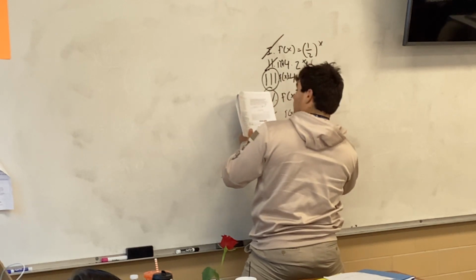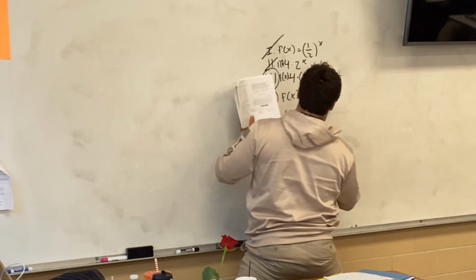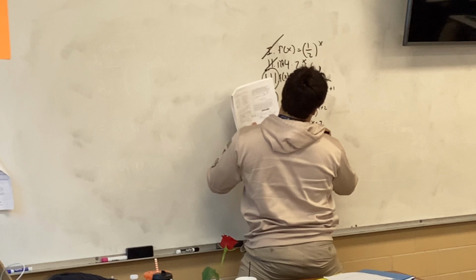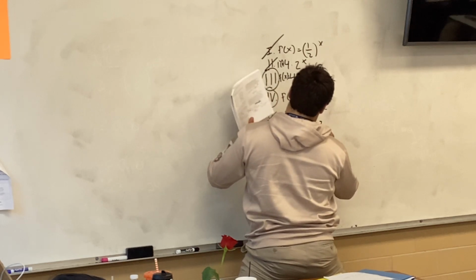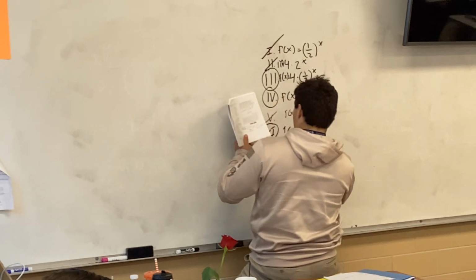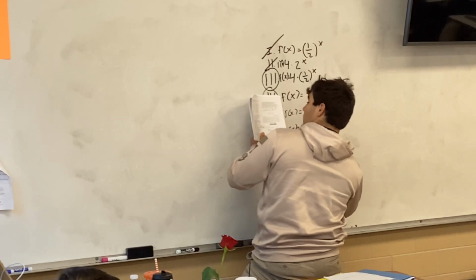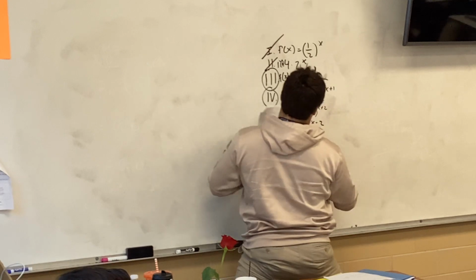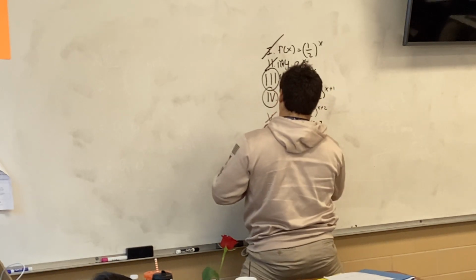F of x equals 1/2 to the x. Alright, then you're gonna get a half to the negative first power, that's 2, so that works. And then you plug in 1 again, you get 2. 4 divided by 2 is 2, so that works.